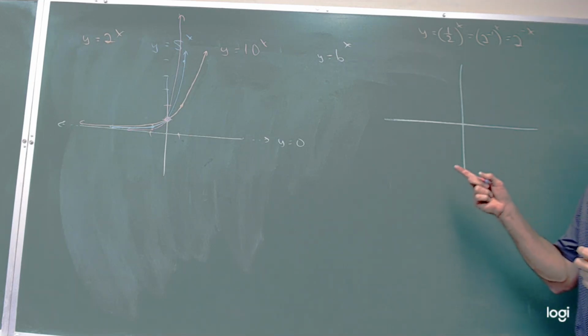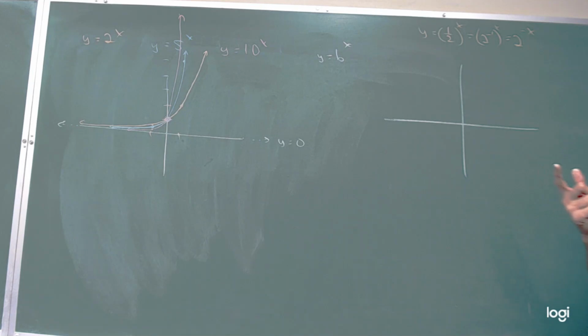So y equals 1/2 to the x is really the same thing as y equals 2 to the negative x. And similarly, y equals 1/5 to the x is the same thing as 5 to the negative x. You with me there? Okay, and in a similar way, y equals 1/10 to the x is going to be the same thing as 10 to the negative x.